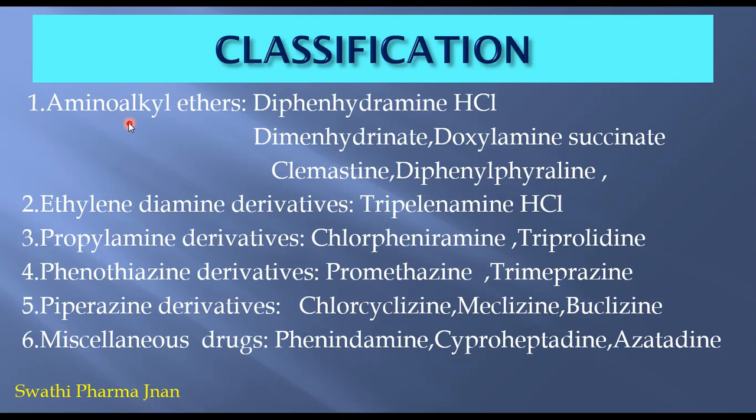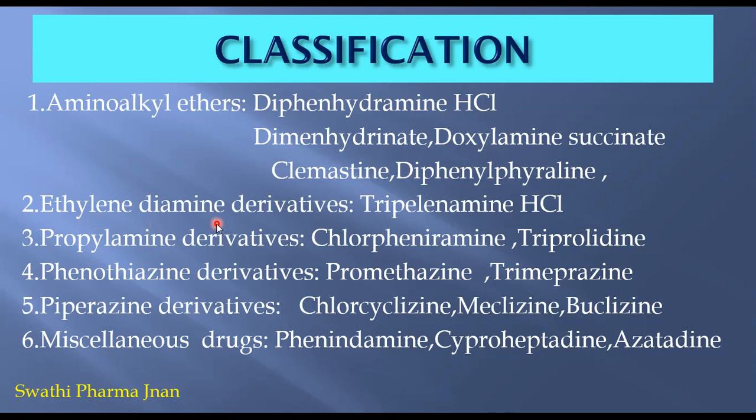It may be an ethyl chain or a propyl chain. Examples under amino alkyl ethers are diphenhydramine hydrochloride, dimenhydrinate, doxylamine succinate, clemastine and diphenylpyraline. Structures and uses we'll see in the next video.